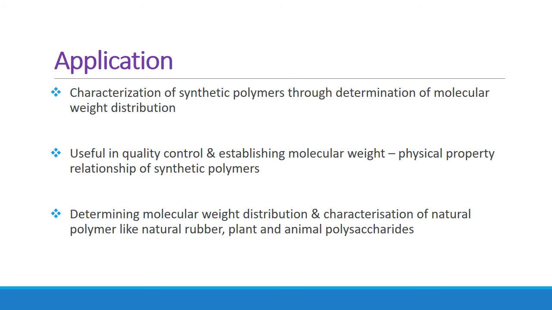It is also used in quality control and failure investigation by establishing molecular weight physical property relationships of synthetic polymers. It is also used in characterization of natural polymers like rubber, plant and animal polysaccharides, etc.